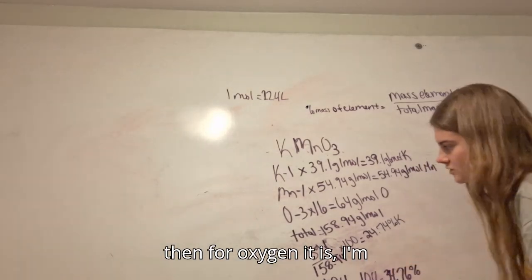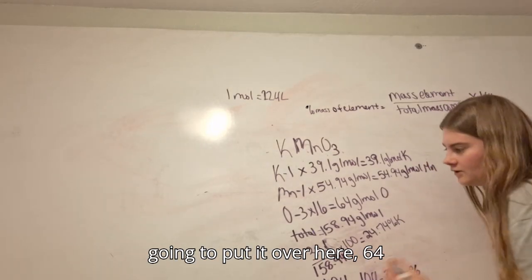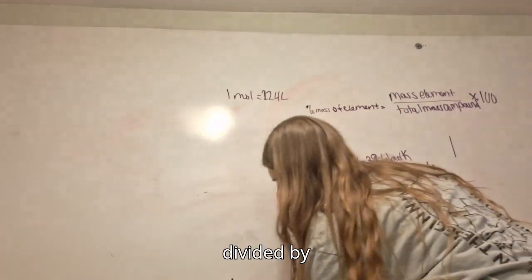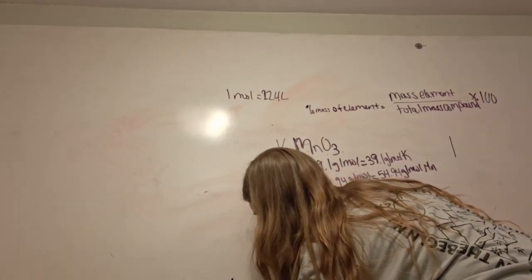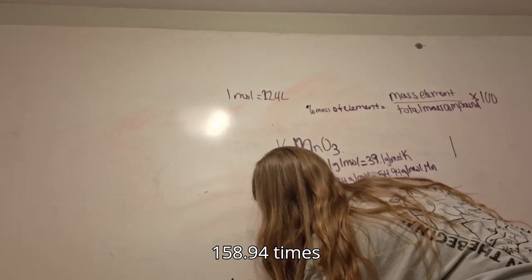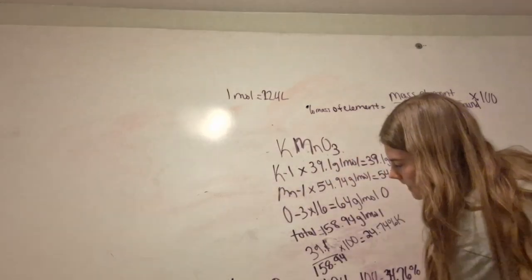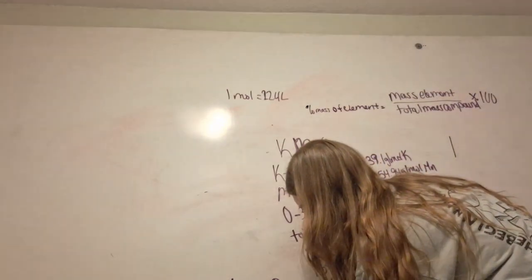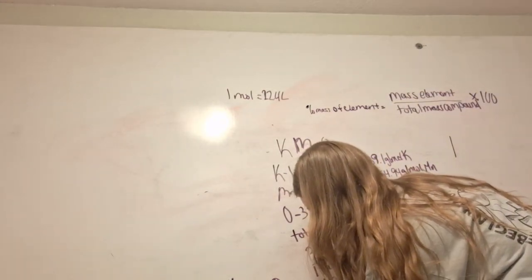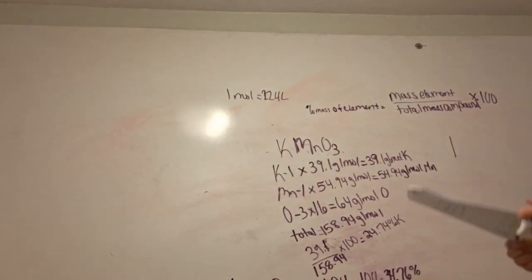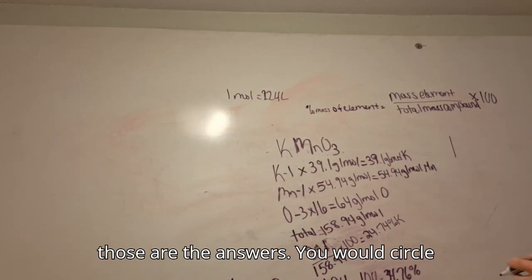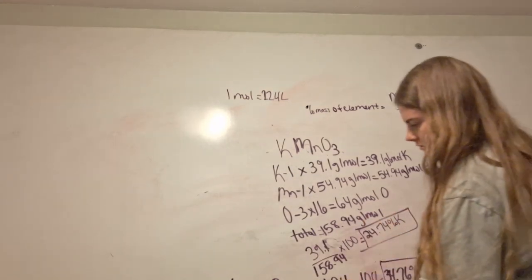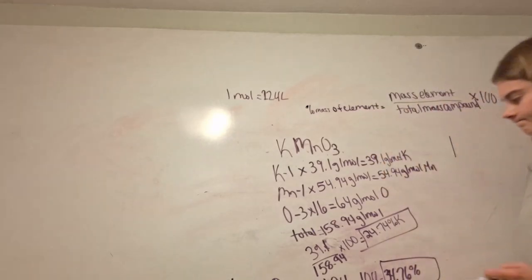And then for oxygen, it is, I'm going to put it over here, 64 divided by 158.94 times 100 equals 40.5%. And those are the answers. You would circle or square each of these. And that's your answer.